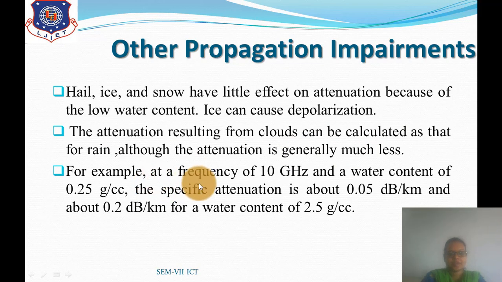For example, at a frequency of 10 GHz, with a water content of 0.25 gram per cubic centimeter, the specific attenuation is about 0.05 dB, and about 0.2 dB per kilometer for a water content of 2.5 gram per cubic centimeter, right? So the value of cloud attenuation depends in the same way as rain attenuation, but it is very small, right?